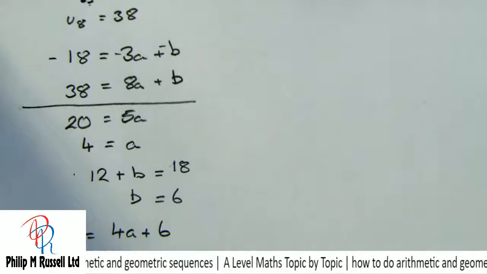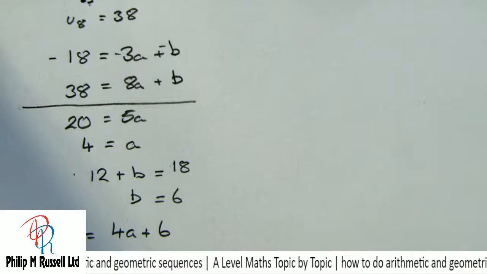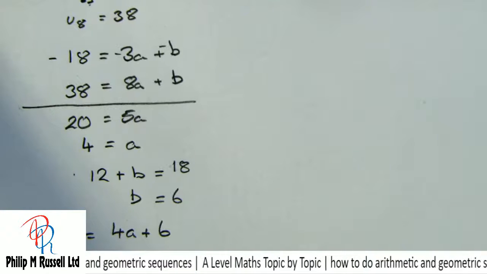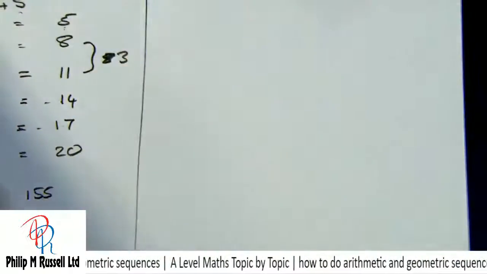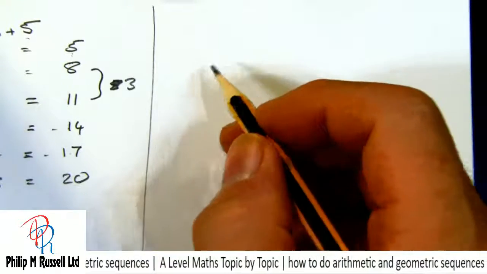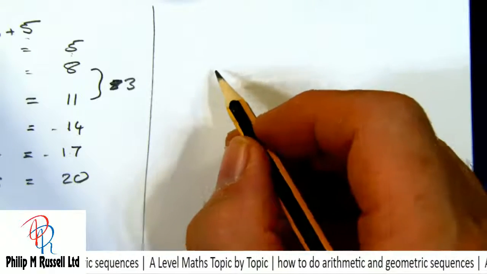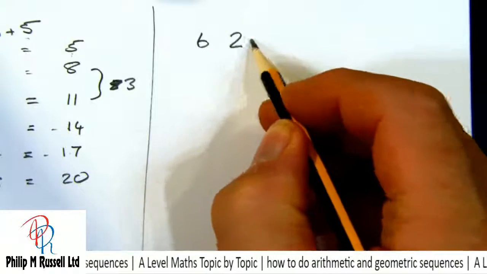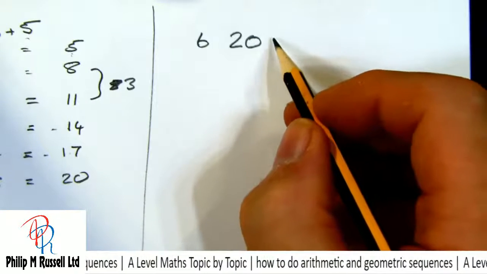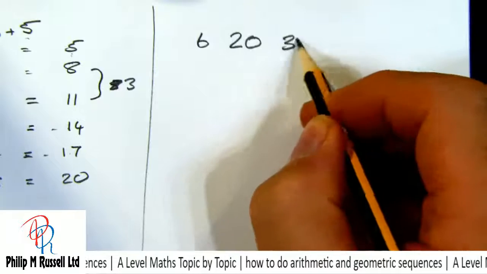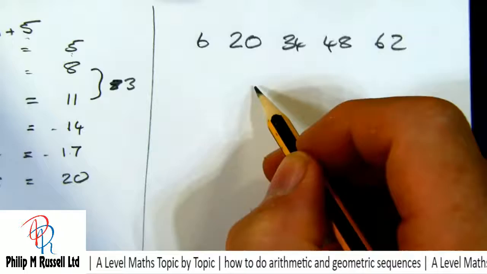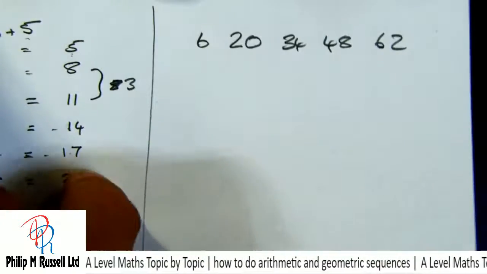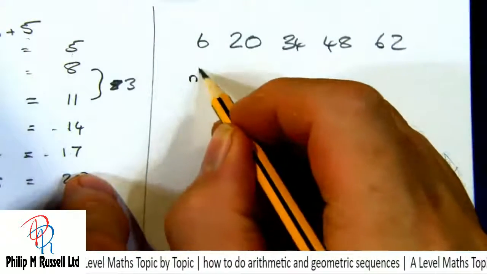So we can do it one way, and we can try another way. Let's say we've got a sequence, 6, 20, 34, 48, 62, and we've got to try and find the nth term.